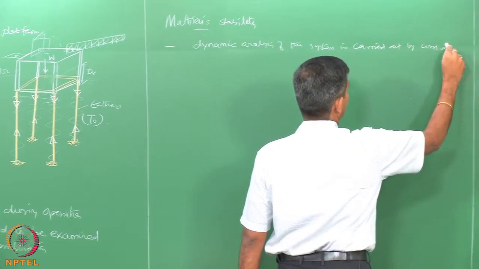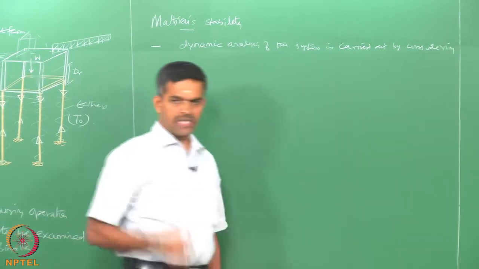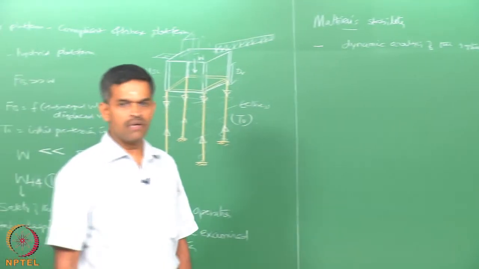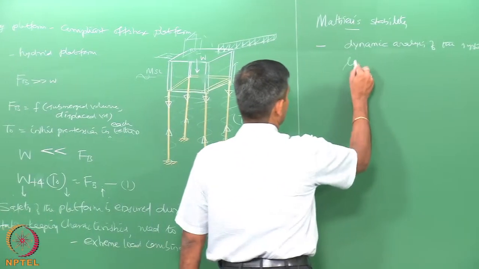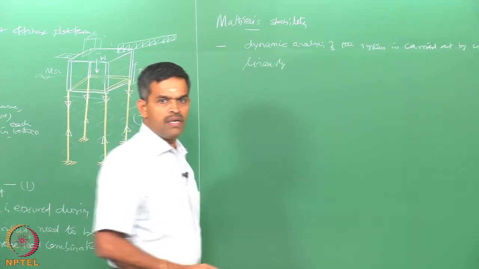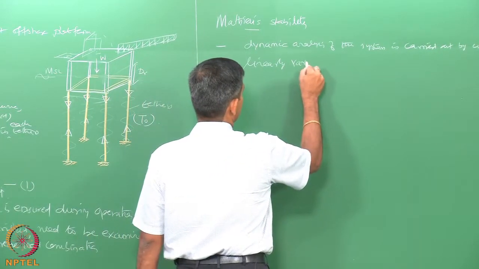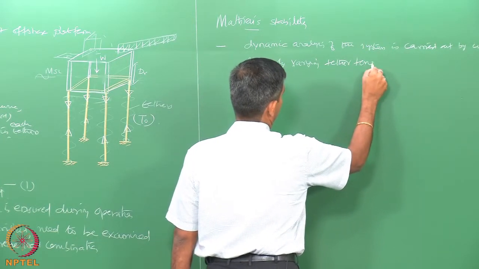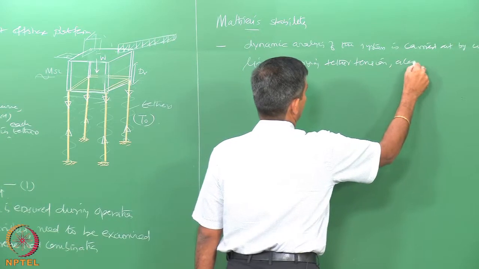by considering. So, to challenge the dynamic stability of the system, there should be a variable, is it not? That variable is going to be by considering linearly varying tether tension along its length.